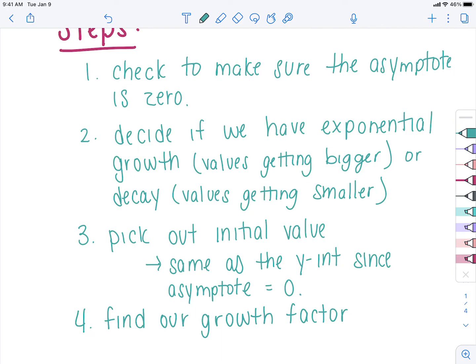Sometimes you might be able to just look at the table and you're going to recognize, oh, these are all being multiplied by 2. Or, oh, these are all being divided by 3. You'll be able to pick it out really fast. If you weren't sure, you could always take 2 y values, take the bigger y value, the farther along y value, and divide it by the y value that shows up first. And I'll show you how to do this. So once we have our initial value and our growth factor, then we can just plug them into our equation, and we're good to go.